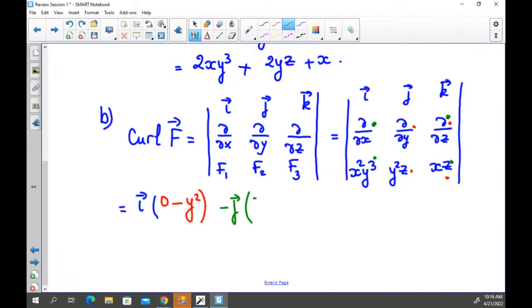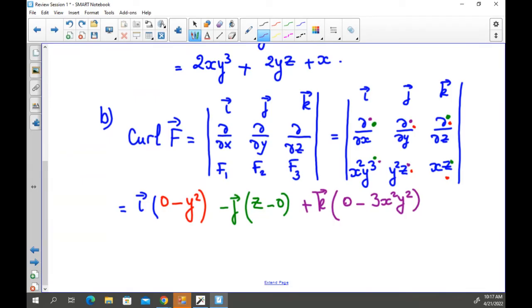So it's going to be z, and then minus 0. Thank you. And finally, plus k. With k, it's this and this, this, this. So 0 minus 3x squared y squared.